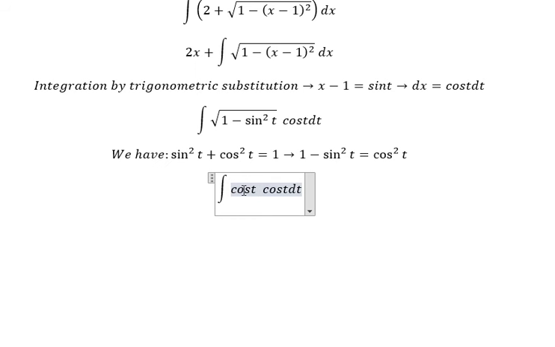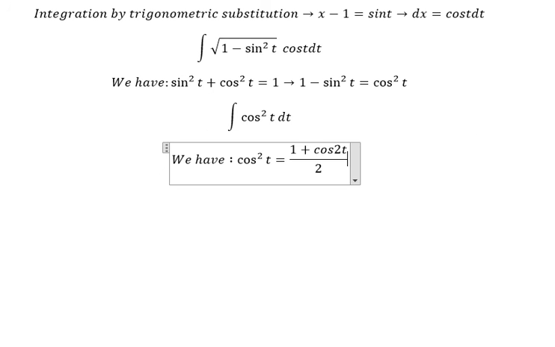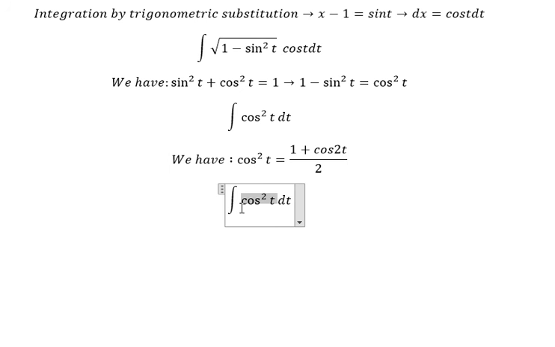Cosine t multiplied with cosine t, you got about cosine t squared. Next, we have cosine t squared equal to 1 plus cosine 2t over 2. And we put this one in here.